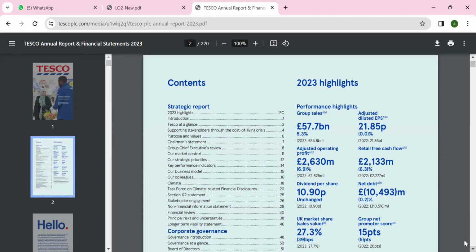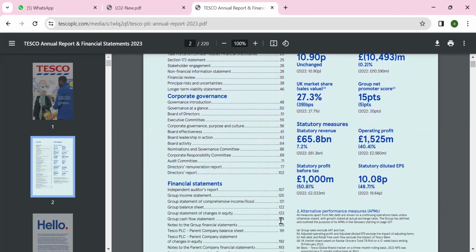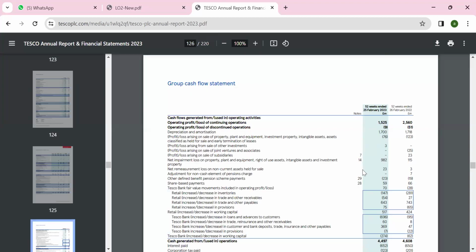In the content page of the report, if you look at the financials, here is the cash flow, which is given after the group income statement, on page 124. So look at the cash flow.